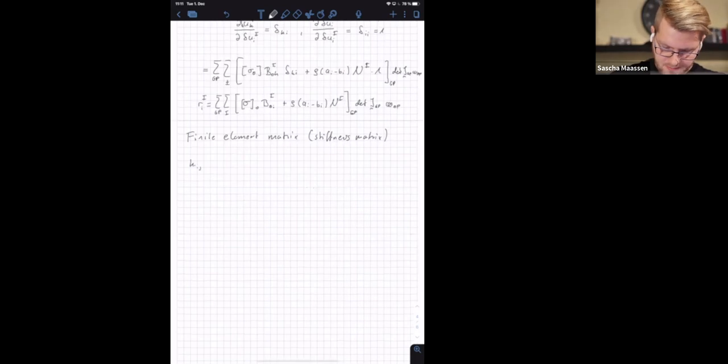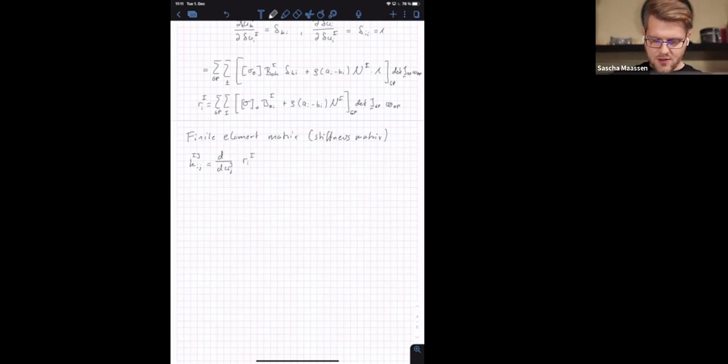Kij, which is the right-hand side vector or the element vector derived with respect to all the unknowns.